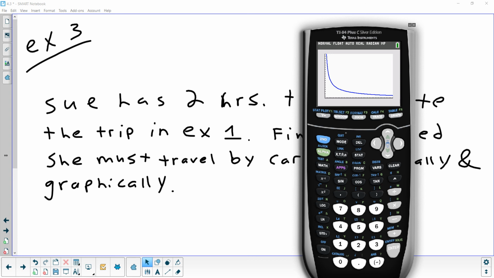Yeah, put a line in at 2. We're going to put a line in at 2. All right, so we got that. And now what would I have to do? Yeah, find the intersect. This would also depend on having a window that went high enough to see that, and we do have a window that went high enough. So let's calculate the intersect.